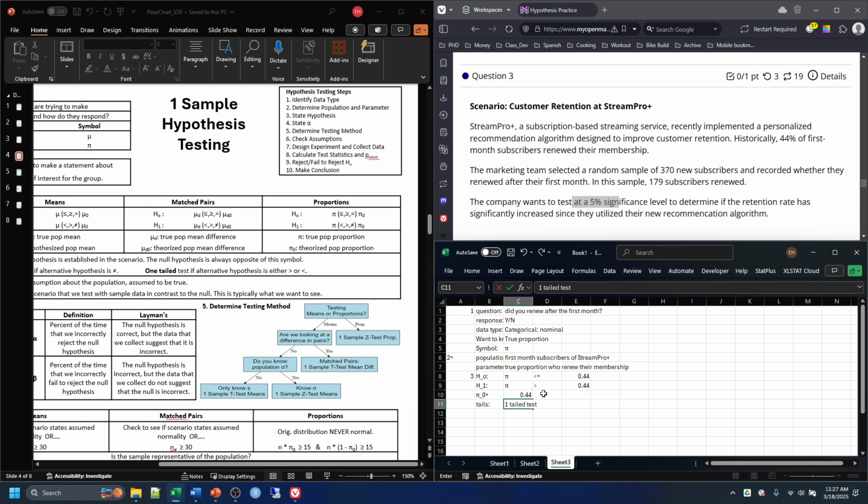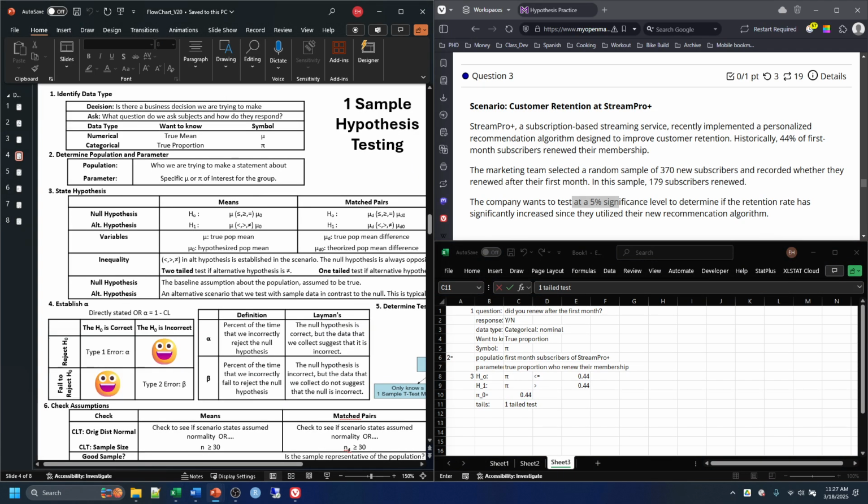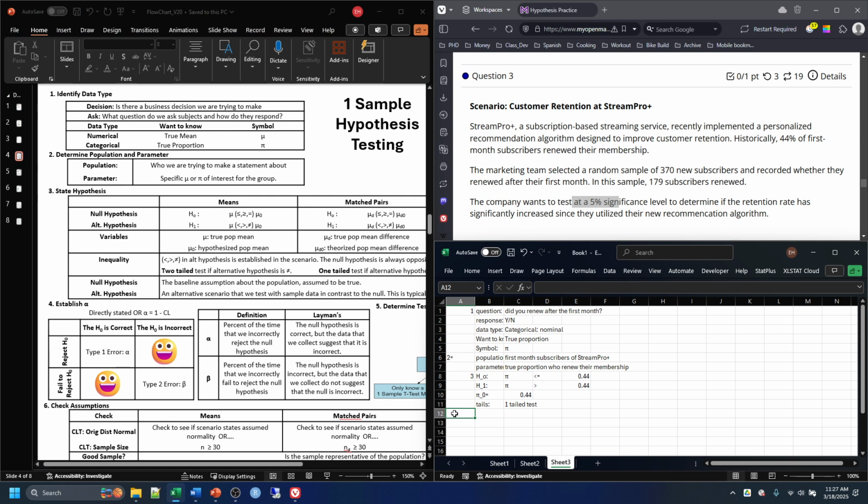Two tails is when we have not equals, and that's stated right down here at the bottom portion of our step three. Step four says we need to establish our alpha. So alpha equals, and up here, what's our alpha? 5% significance level. So we've got 0.05 for our alpha.